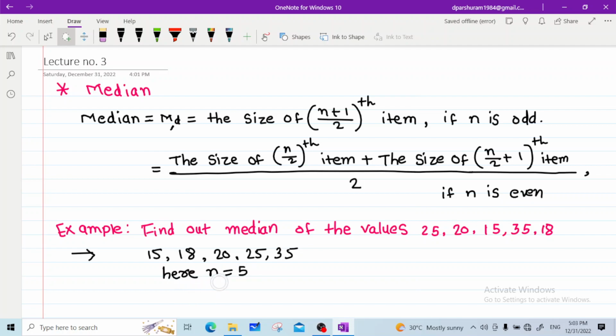So we have to use this formula: MD is equal to the size of (n plus 1) divided by 2th item. Now write this formula.